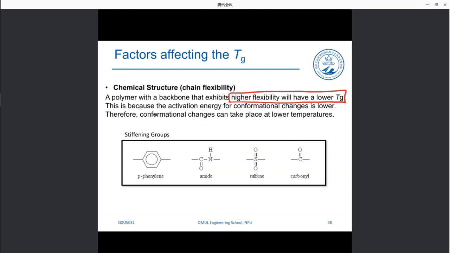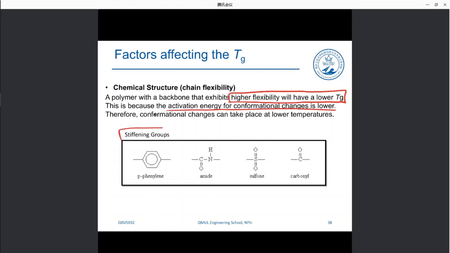However, as you know, there are groups that provide stiffening to the chains because of their strong bonds, and because of that, we have higher activation energy. What is higher activation energy? We need higher thermal energy to induce conformational changes. For the soft materials, we have activation energy that is lower.